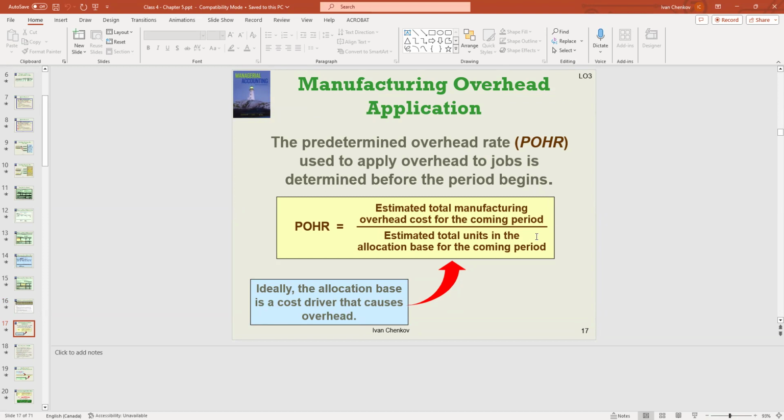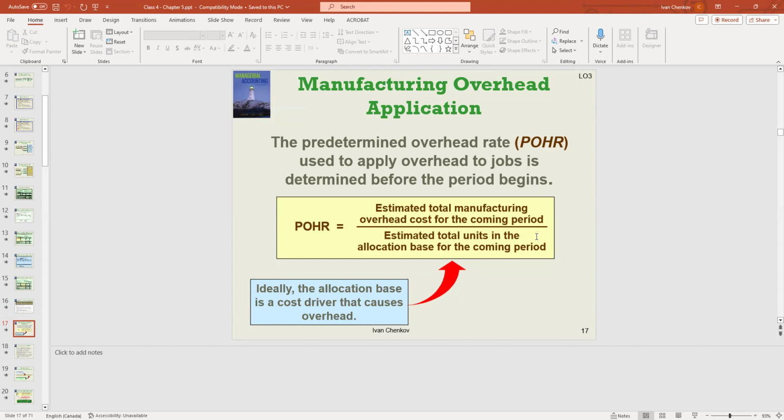How can we do that? We're going to estimate our total manufacturing overhead cost for the coming period. Usually, again, it's 1 year ahead. Then, once we choose the allocation base, which ideally is what will cause our overhead, we're going to estimate the total units of usage of that allocation base for the same period that we are estimating the total cost.